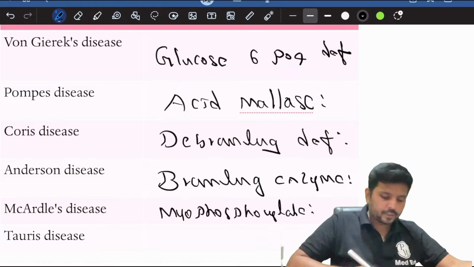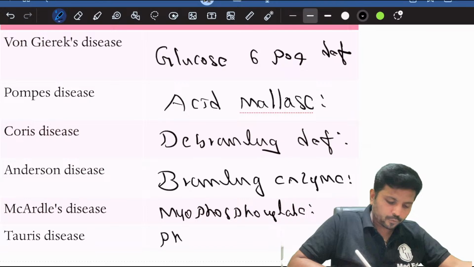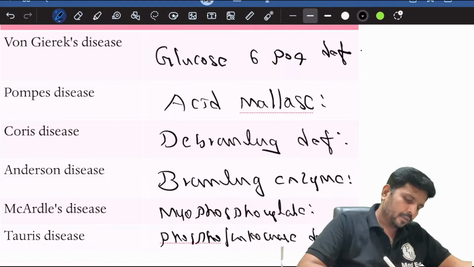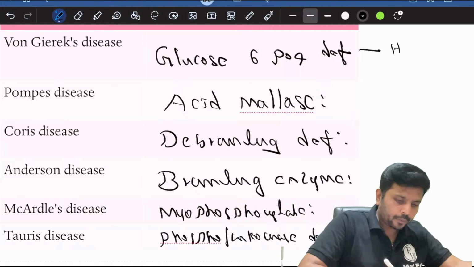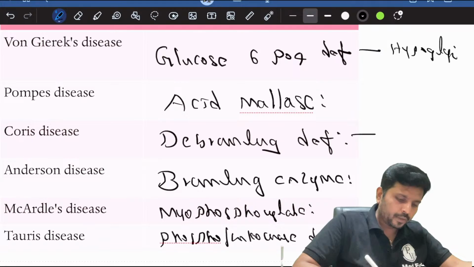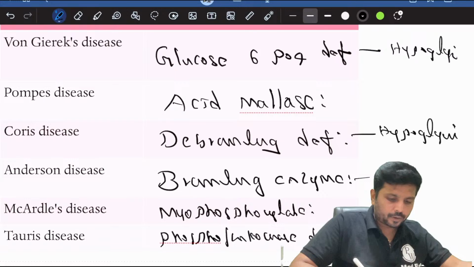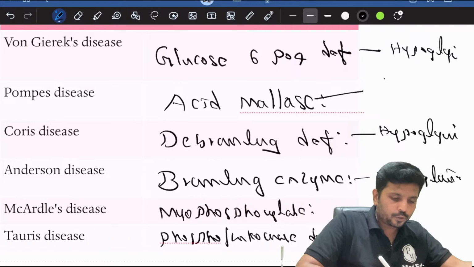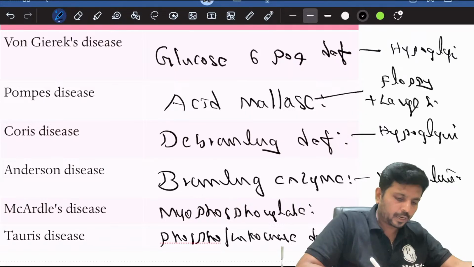Tarui's disease is due to phosphofructokinase deficiency. Remember, Von Gierke, debranching enzyme and branching enzyme deficiencies present with hypoglycemia. Pompe's disease presents as a floppy infant with massive cardiomegaly and a large heart.